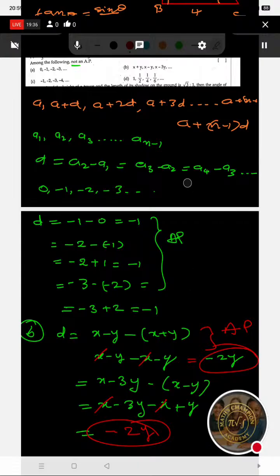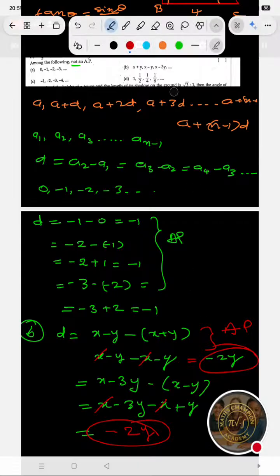Look at option C. Minus 2 minus 1, how much are we getting? Minus 2 minus 1 is minus 3, hmm, we take minus 1 minus 2 as minus 1.